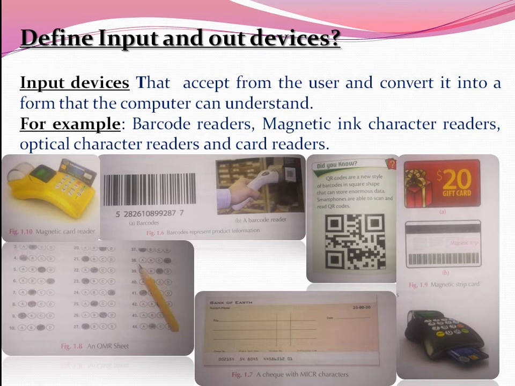When a light beam is passed through such a form, the marked areas reflect less light than the unmarked ones. This way, the optical mark reader recognizes the circles that are filled. This technology is called optical mark recognition, OMR. It is commonly used for checking answer sheets of exams that have multiple choice questions.